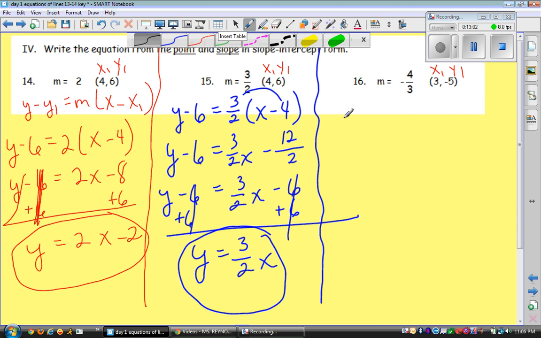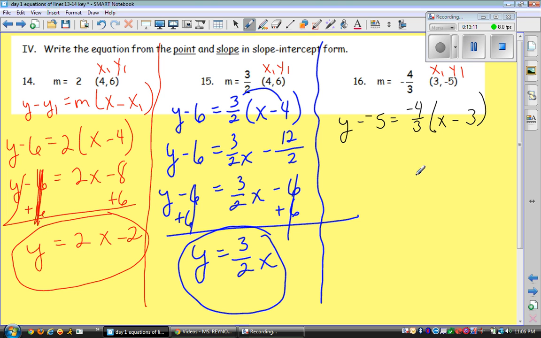Okay, last one. Same formula. Y minus y1 equals m times x minus x1. The formula has a negative and the number is also negative, so we get 2 negatives, which will make it positive. So I've got y plus 5 equals negative 4 over 3x, because you got to distribute. Then I got to distribute here, so a negative times a negative is positive. 4 times 3 is 12, and I'm still dividing by this 3.